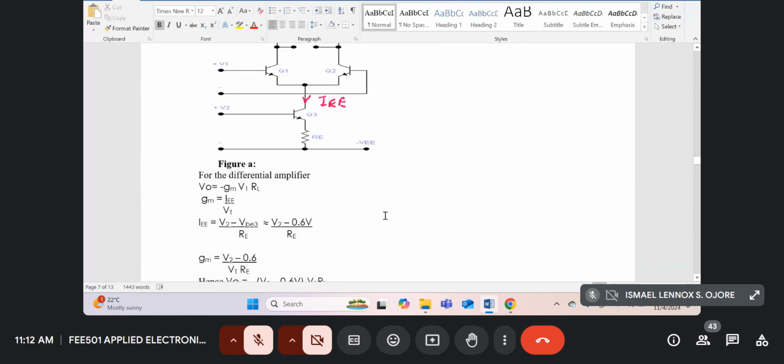Now IEE for this circuit is given by V2 minus a drop VBE, or you can call it VBE2.